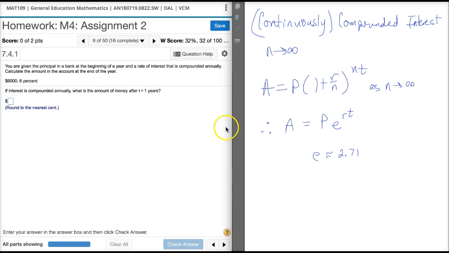So if we compound money more and more times, or have continuously compounding interest on something like a population, increasing upon itself at every moment of every day, then this is what the formula would end up being.